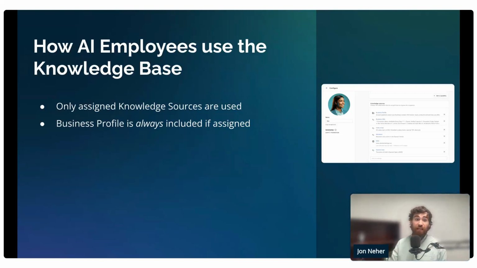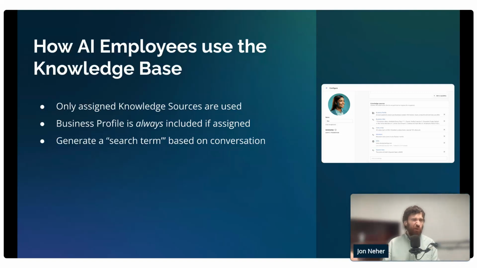Now, for all of the other sorts of knowledge, we generate a search term based on the latest user message in a chat or an input and an output. Then we distill it down to the most likely term to match the intent of the question.